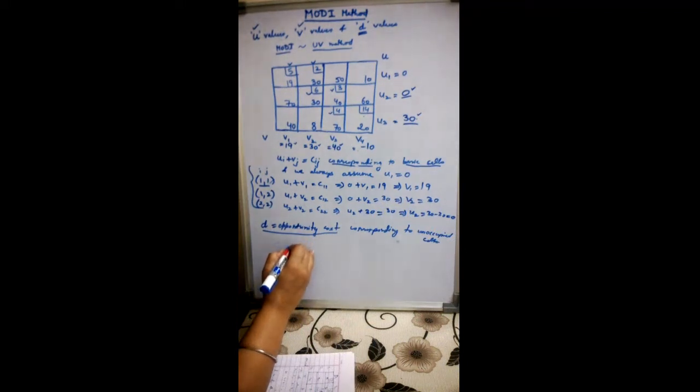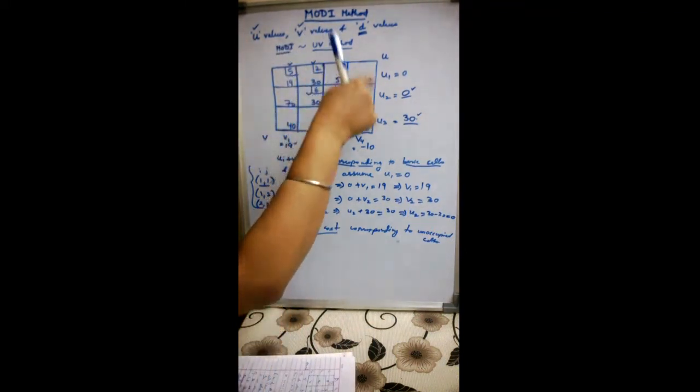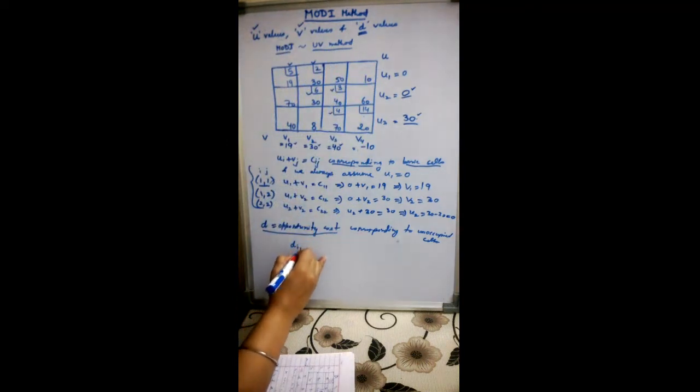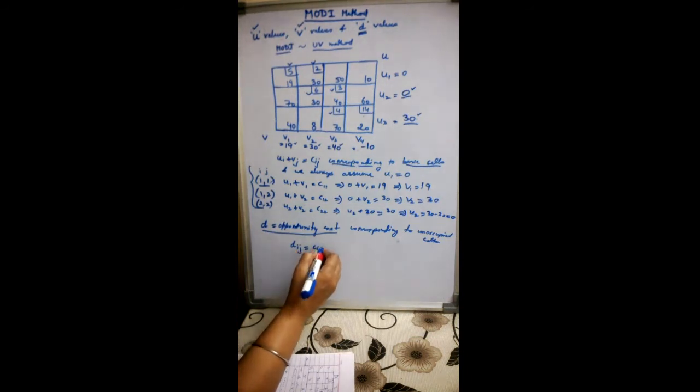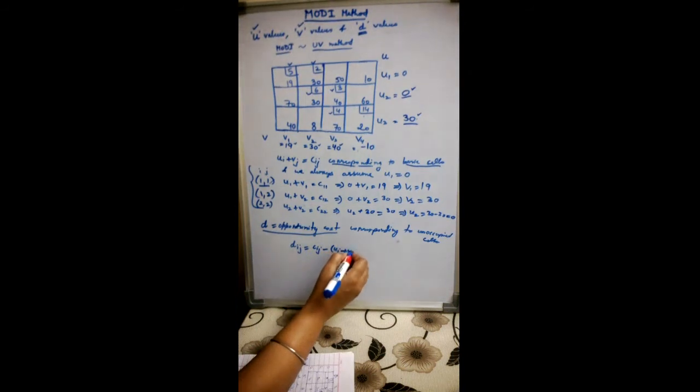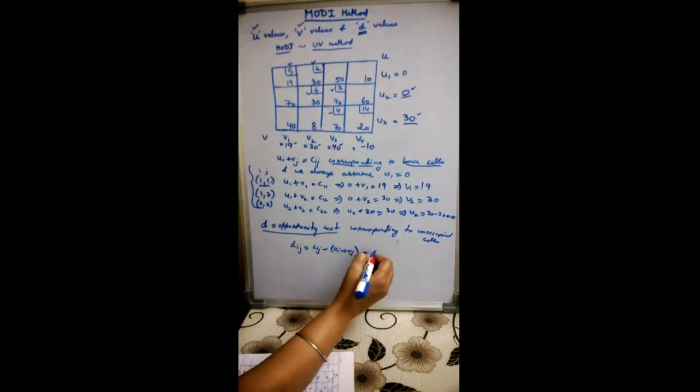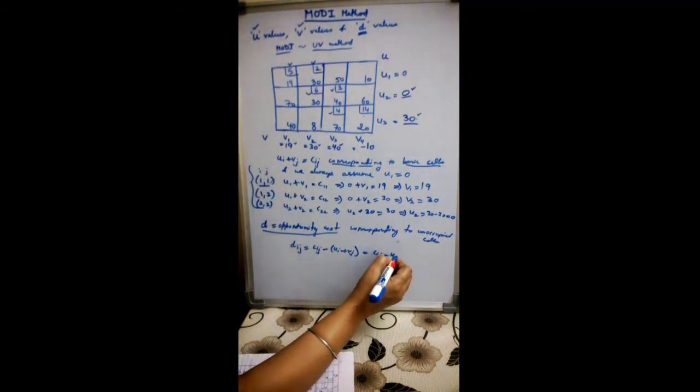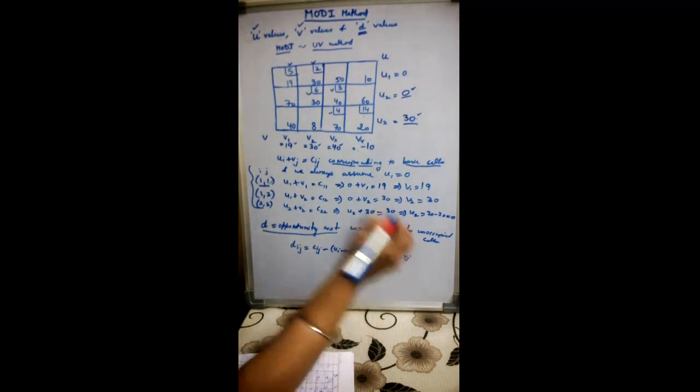Okay, and what is the formula to find d? Since we are finding d values corresponding to the cells, I'll write it as dij. The rule to find, or the formula to find dij is Cij minus ui plus vj, or you can say Cij minus ui minus vj.